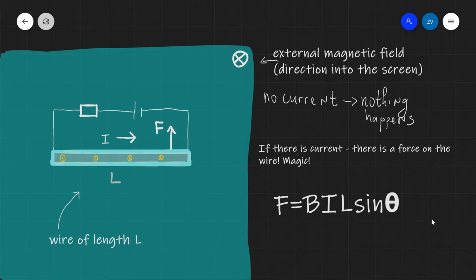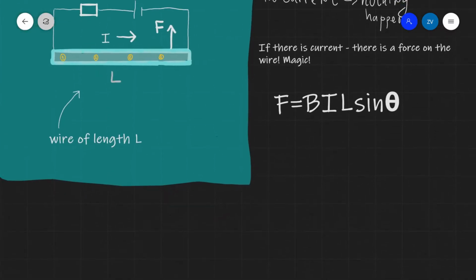The magnitude of this force experienced by the wire is given by the famous equation F is equal to BIL sine theta. F in this case is the magnitude of the magnetic force, so we can just write over here that this over here is our magnetic force, which is acting on that piece of wire, and we're going to be measuring that in newtons.